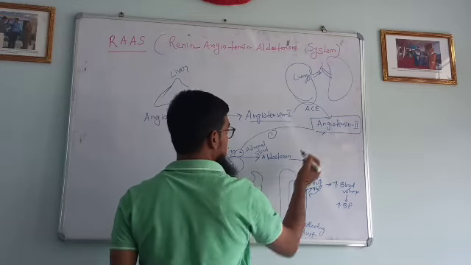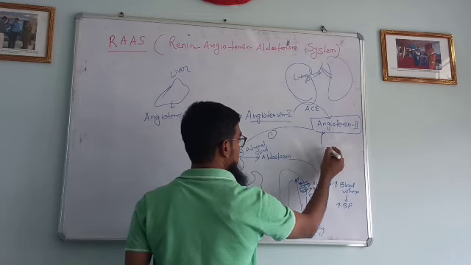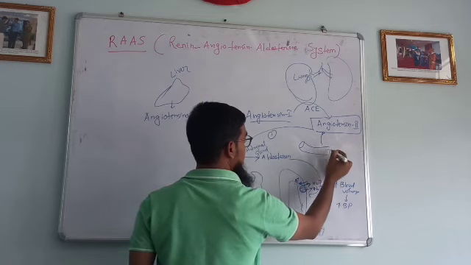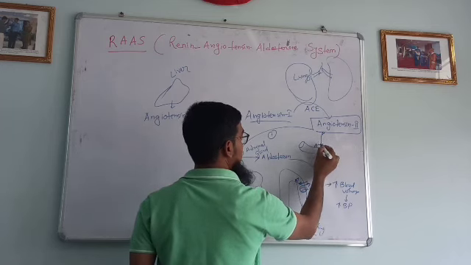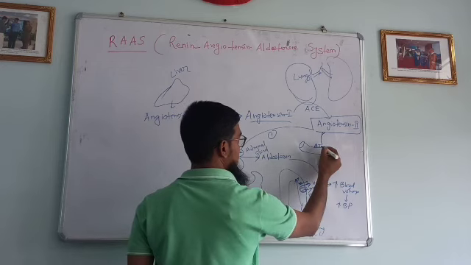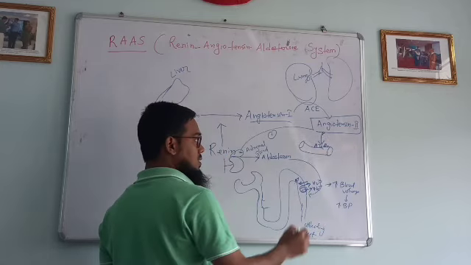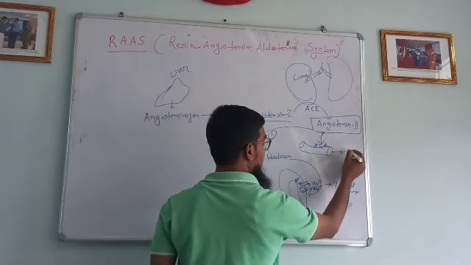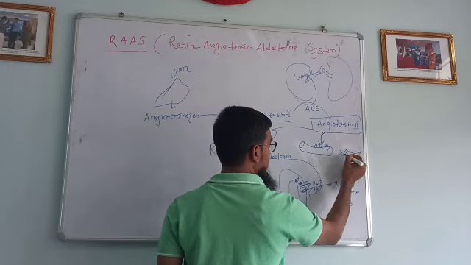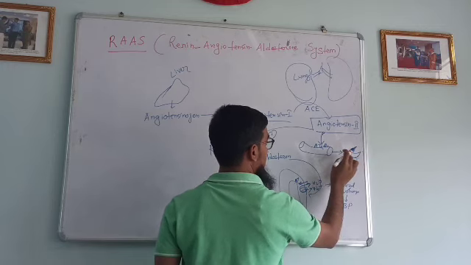In our blood vessels, one receptor is present, which is called the angiotensin 2 receptor. Angiotensin 2 binds to this receptor and causes vasoconstriction.